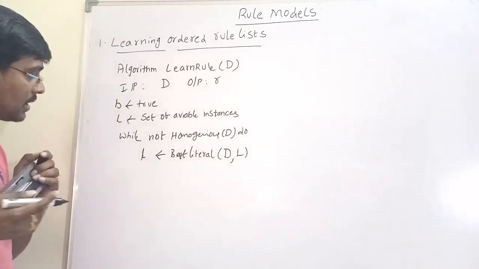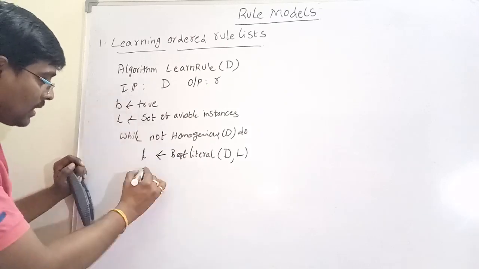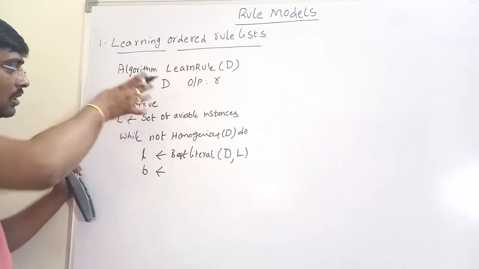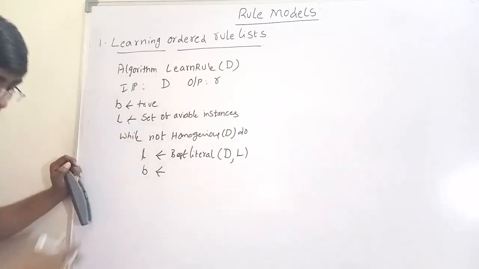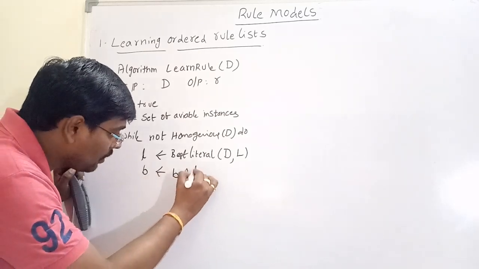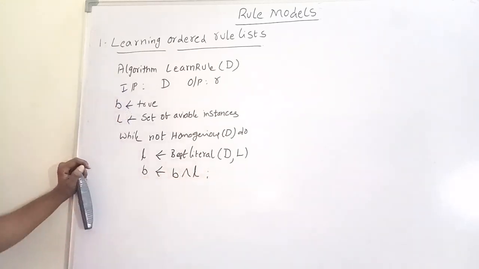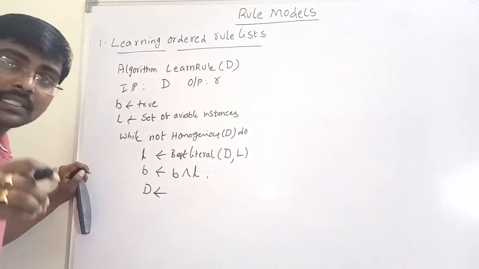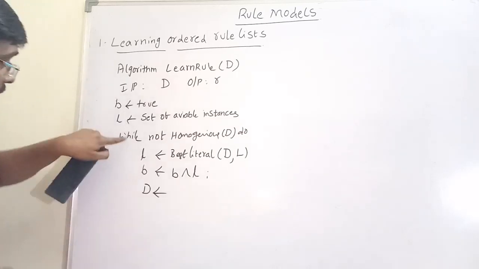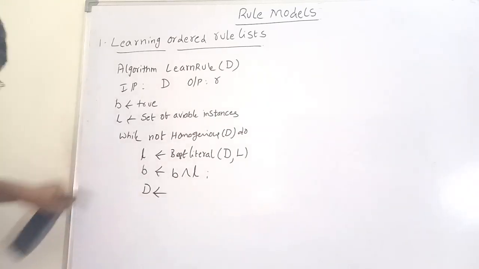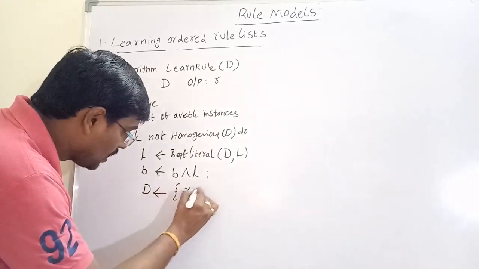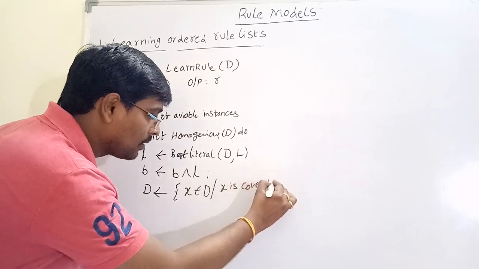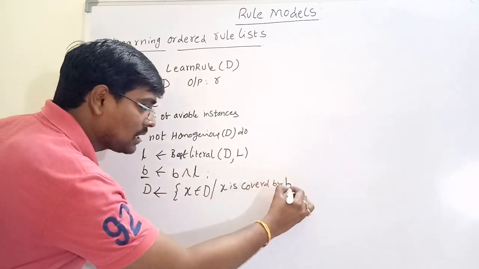Whenever I identify the best literal, we perform the conjunction, that is, the rule conjunction operation with B. So B is equal to B and L. Then D becomes the set of instances that are covered by that rule, that is, x belongs to D such that x is covered by B.